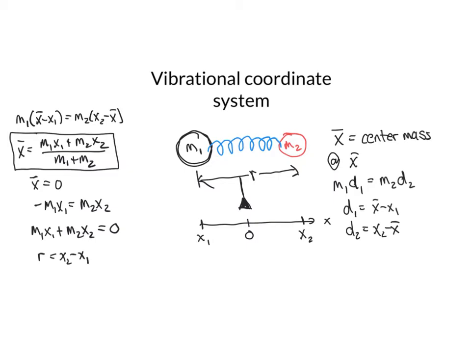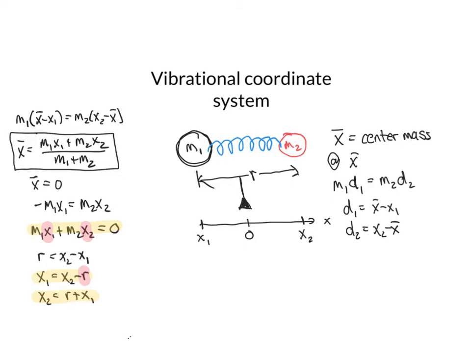That's going to be my new variable. That gives me a relationship for X1 and X2 with respect to R: X1 is equal to X2 minus R, and X2 is equal to R plus X1. Now I have three equations in three different variables, X1, X2, and R.